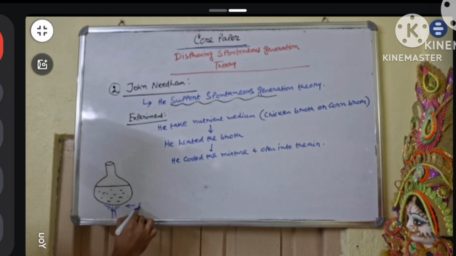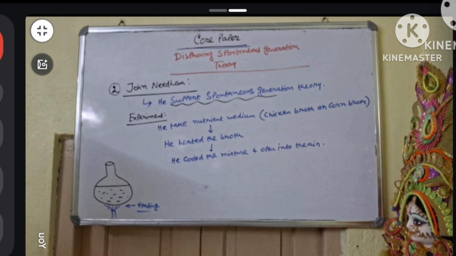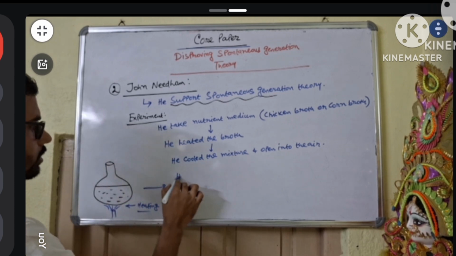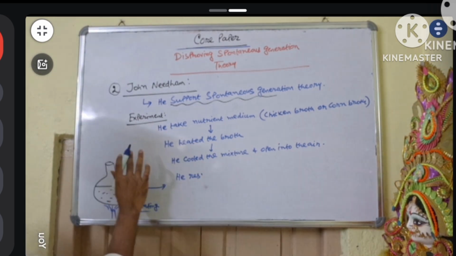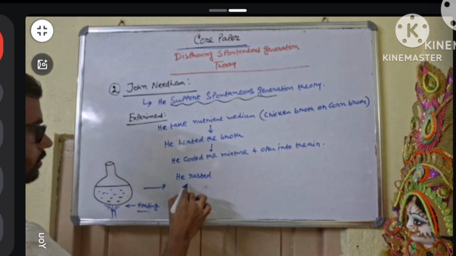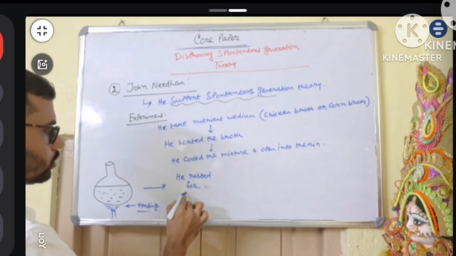This heating step can eliminate all the microbes present inside the broth. First, he heated the material and cleared all the microbes. Then he cooled it and rested it openly for 1 to 2 days.